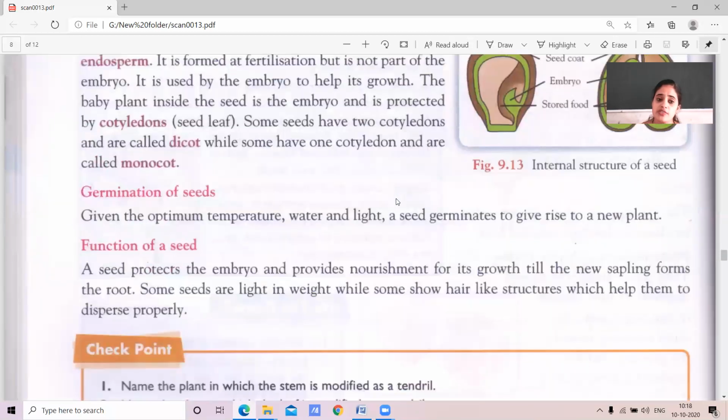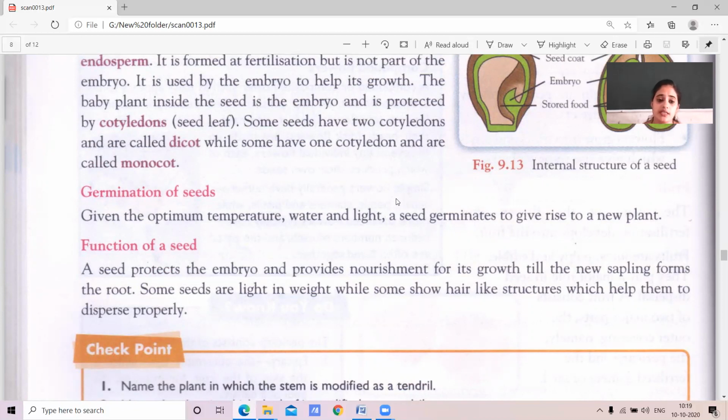What is the function of this seed? It helps in germination of the seed. At a proper temperature, with water and light, the seed starts germinating and gives rise to the new plant. Is it no? Yes. So, as you know, when the seeds get optimum temperature, water and light, the seed starts germinating.